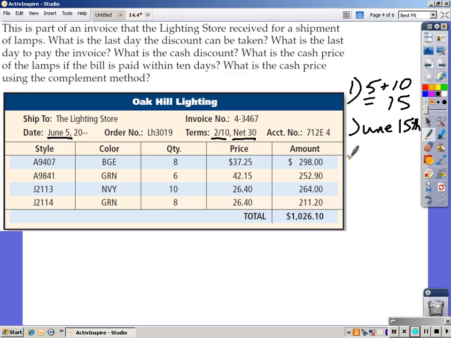All right, pretty simple. Number 2 says, what is the last day to pay the invoice? Again, net 30 is my last day to pay the invoice. Well, 5 plus 30 is 35. Hopefully you know that June only has 30 days.